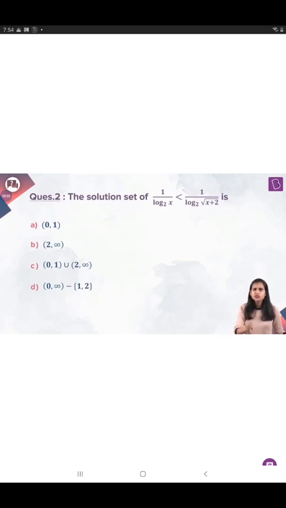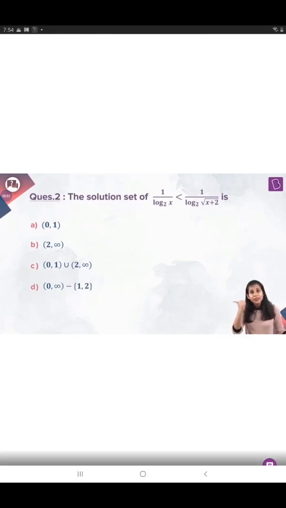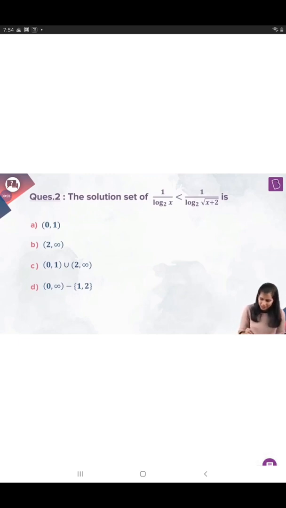First of all, I want the expressions in the inequality to be defined, and then I will run behind solving it. Always. So look at the left hand side expression. It has log x to the base 2. Log of an input is defined only when that input is positive. Because I have x sitting in the input, the restriction comes on x to be strictly positive. Only when x is strictly positive will log x be defined.